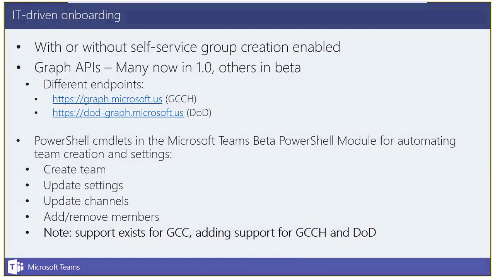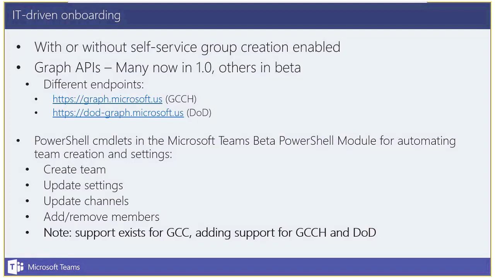So when we talk about IT-driven onboarding, as I said, this can be done with or without self-service group creation enabled. And it can be driven through a number of different means. We have a set of Graph APIs. Many are now in 1.0 and others are in beta. Just a quick note, in GCC High and DoD, there are different endpoints for Graph.